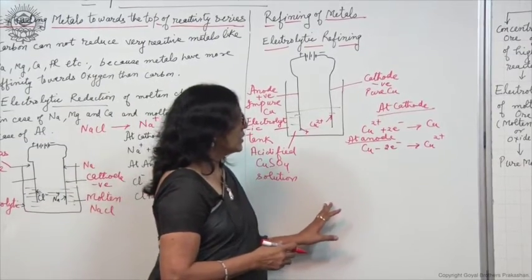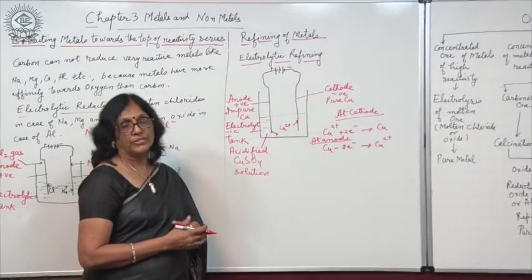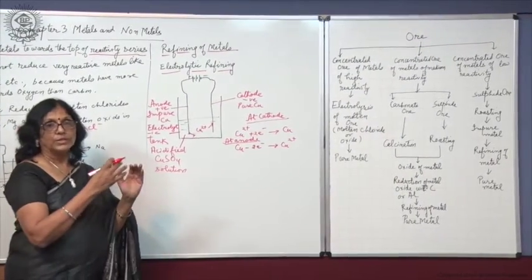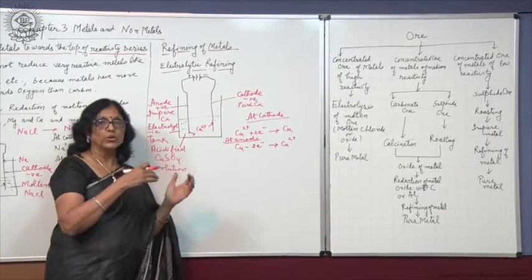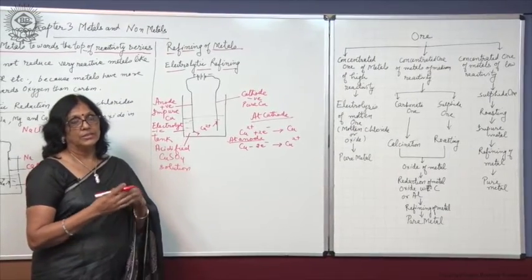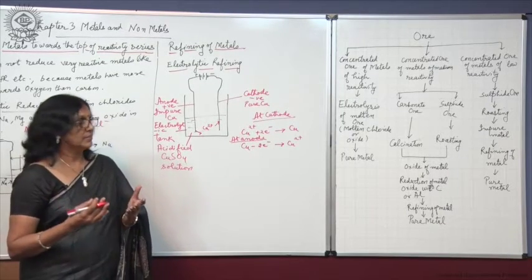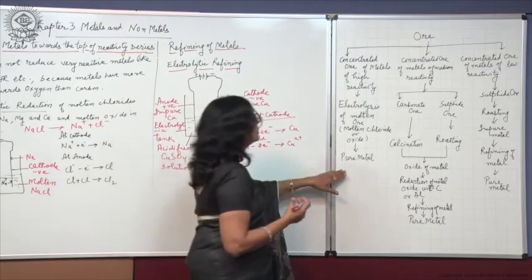Now, we can study how the extraction of metal is done for metals which are very low in reactivity, metals which are medium in reactivity, and those metals which are very reactive, with the help of this table.